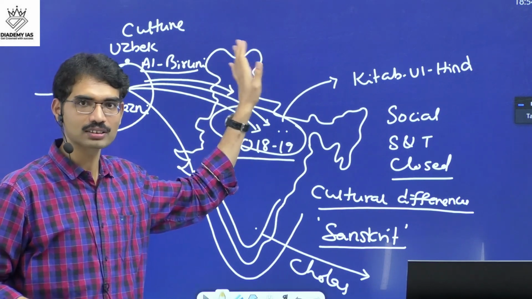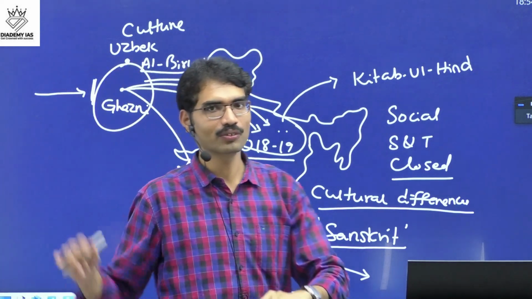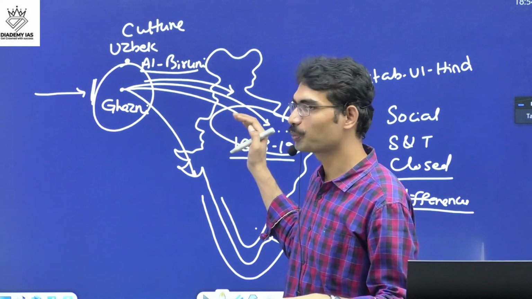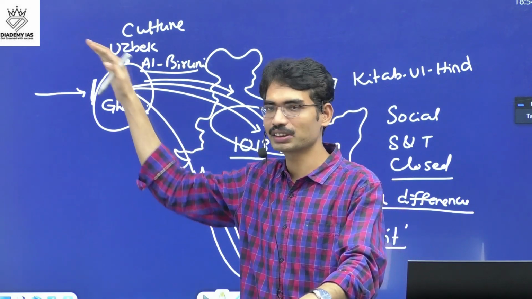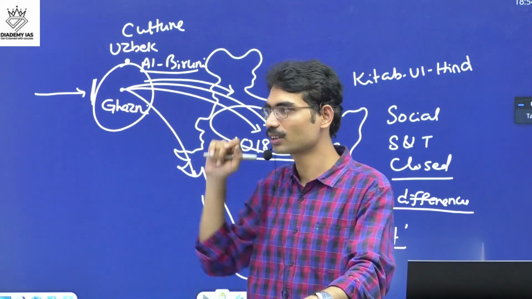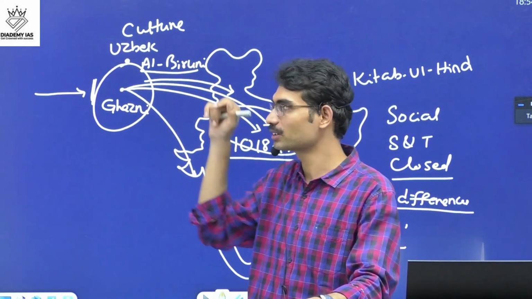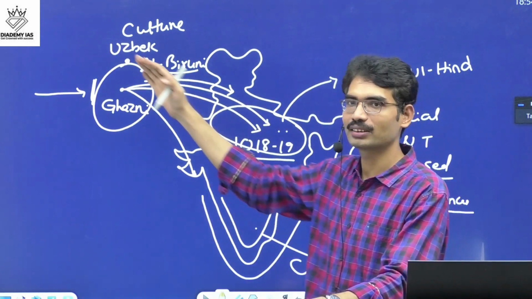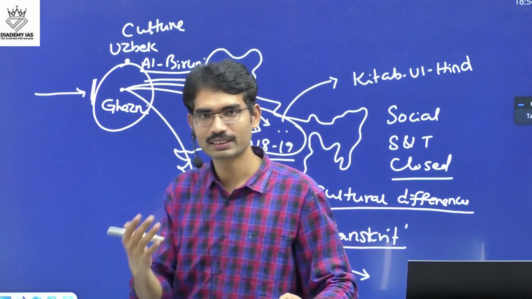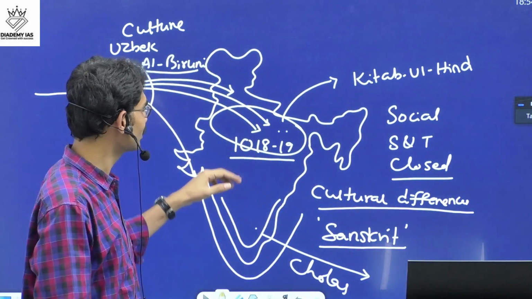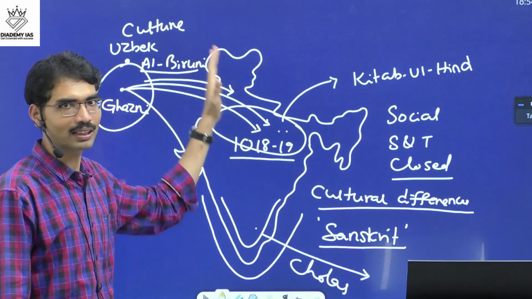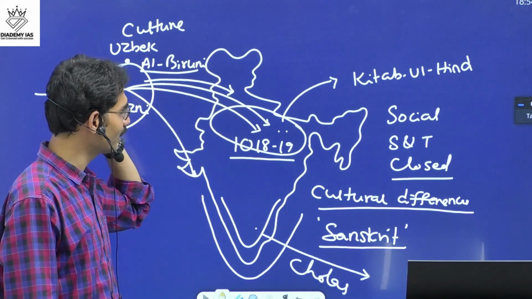Shakas, Kushanas, Parthians, likewise, from the same area. For Guptas, Hunas, Central Asian tribes. When it comes to Rajputs, Turkish invasions. Now when it comes to Delhi Sultanate, Timur's invasion, same geographic location. And after the Delhi Sultanate, Babar, again from the same area.